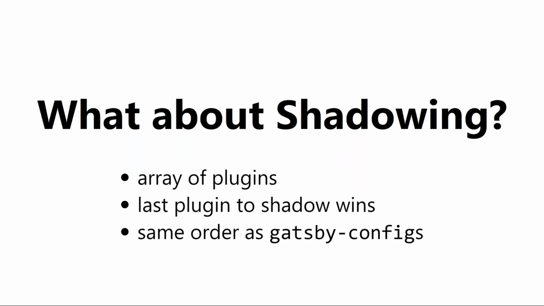And that leads us to the other core concept in themes, which is shadowing or component shadowing, as you may know it. And shadowing works the same way. So shadowing takes this array of plugins in the same order that we just did with this merge flat function, right? So we've got Gatsby plugin MDX, Gatsby source file system, Gatsby theme blog, the other two plugins from notes, Gatsby theme notes, and then our site.